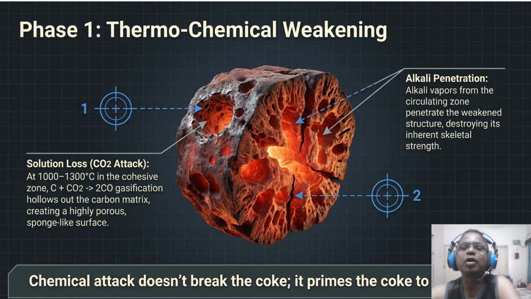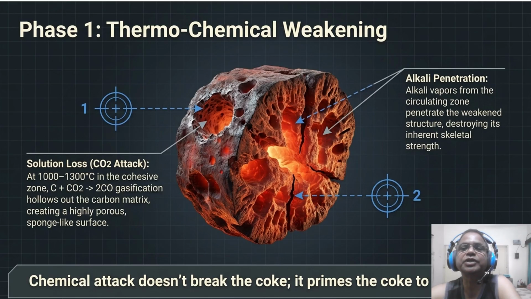The so what here is that high CRI coke will hollow out faster, leaving you with a bed that looks solid but has zero structural integrity. It's ready to crumble the moment physical pressure is applied.